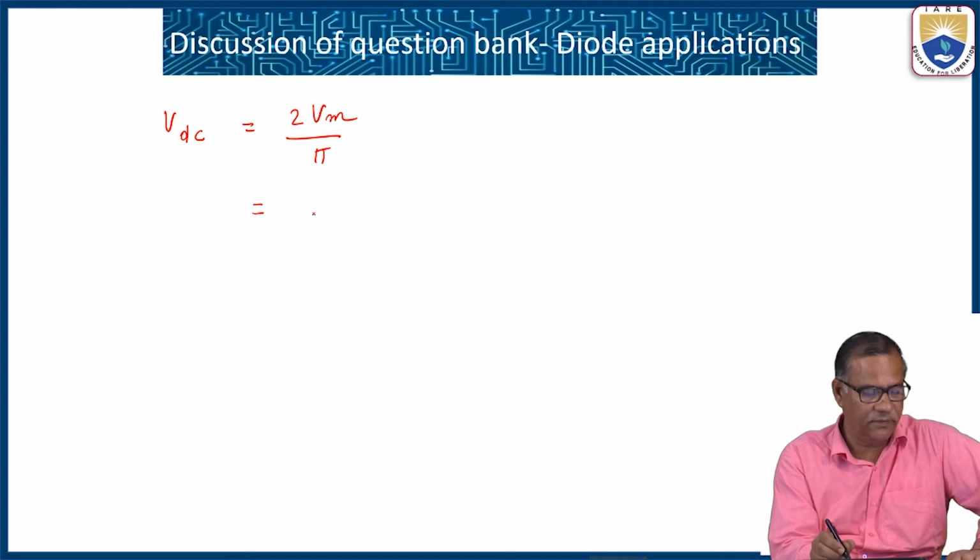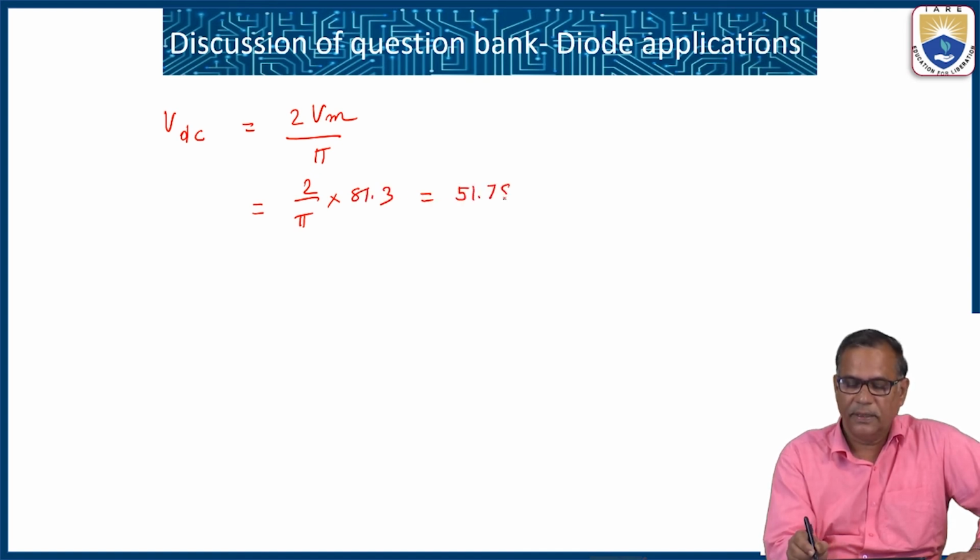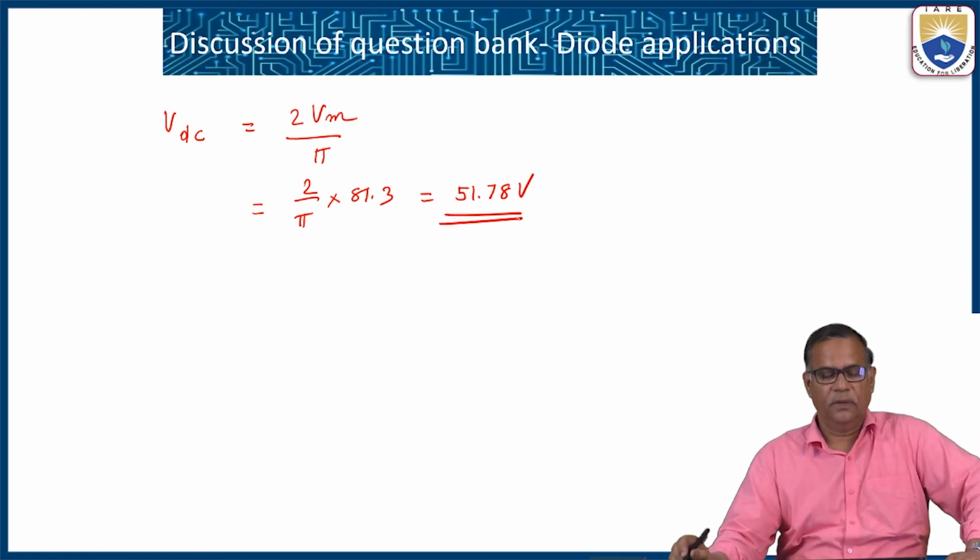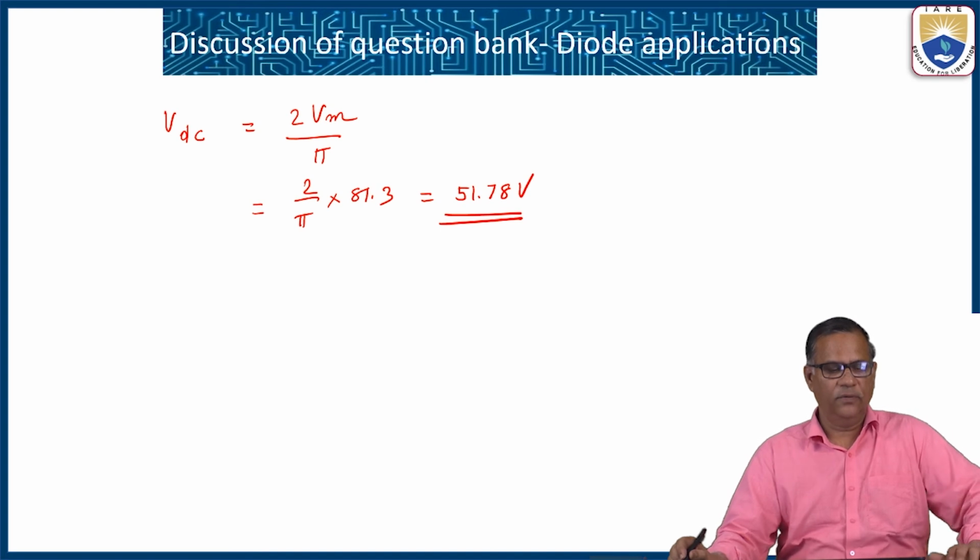So VDC is equal to 2 by pi into 81.3. So that is equal to 51.78 volts. So that is the average DC voltage.